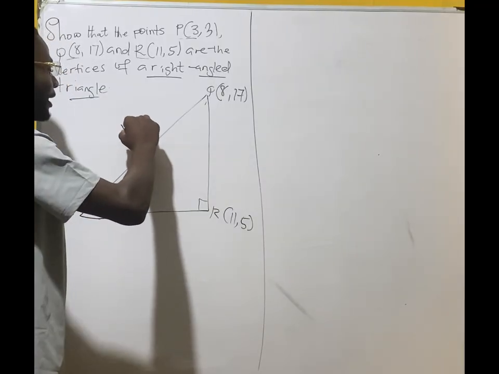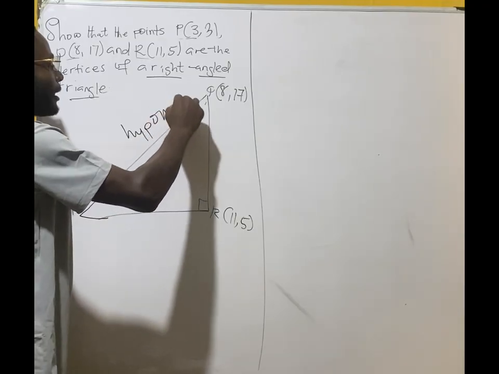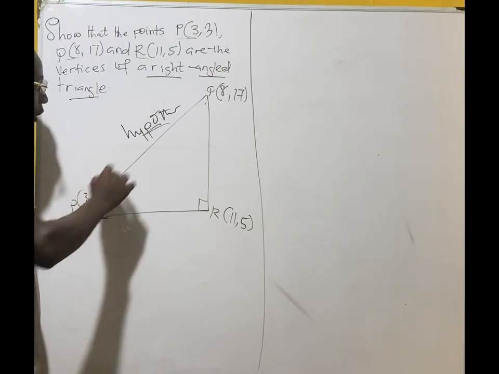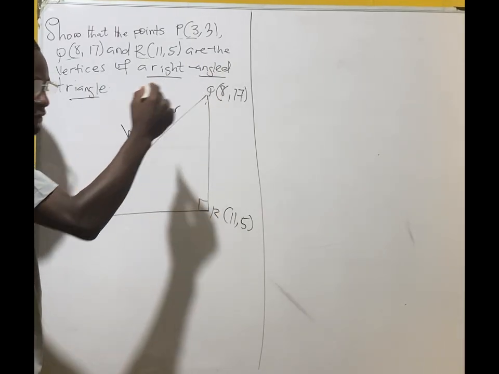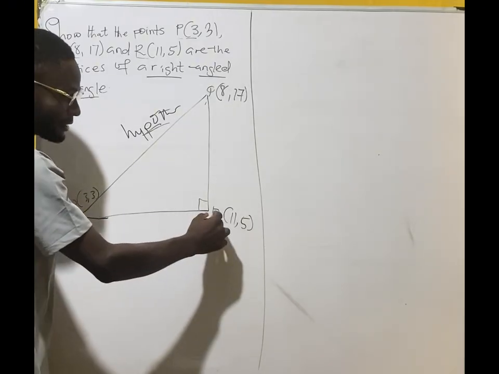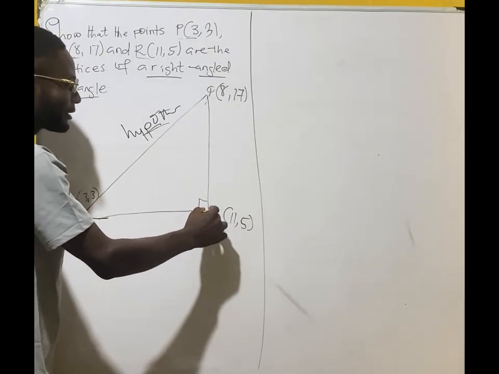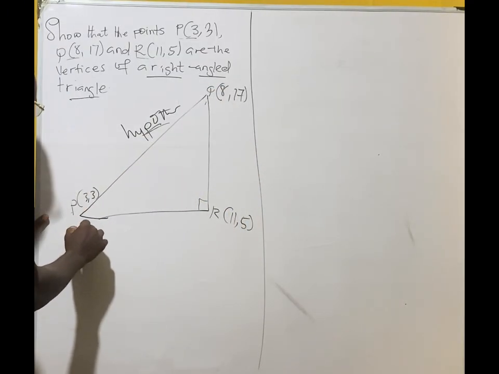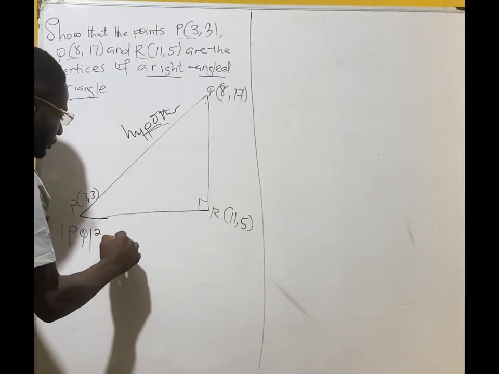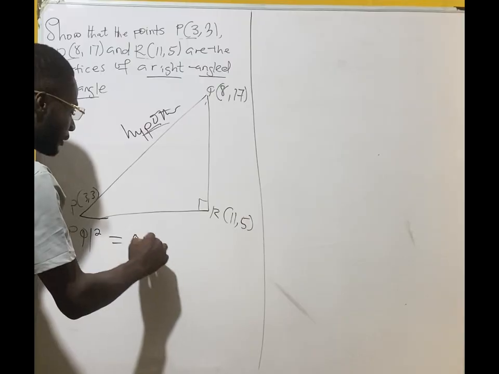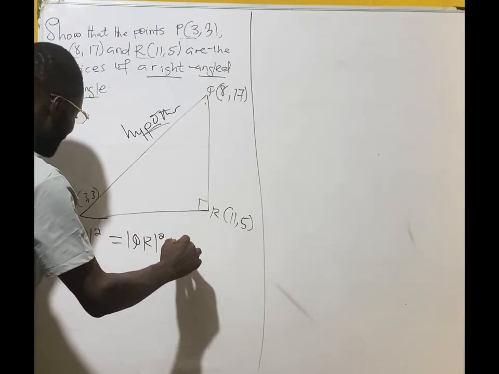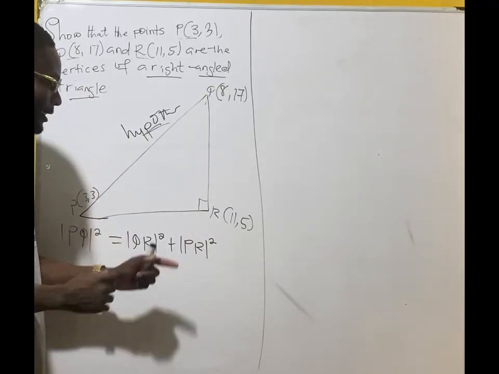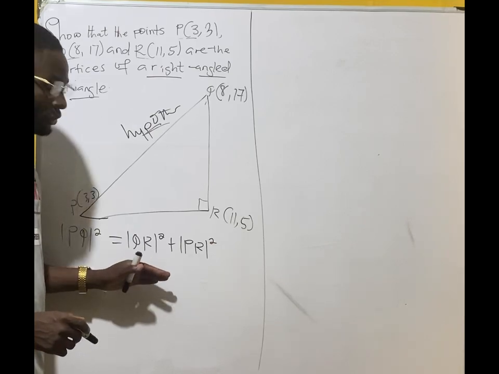The longest side of the right angle triangle is the hypotenuse, so the distance along PQ squared should be equal to the distance along QR squared plus the distance along PR squared. This is basically the Pythagorean theorem.